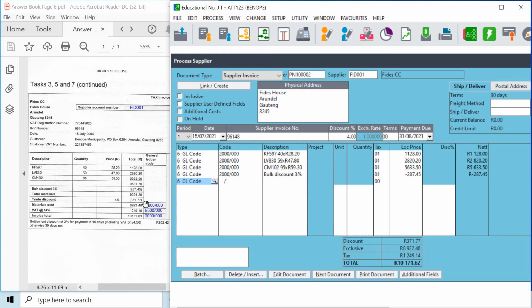Check your totals. With a discount of 371.77, exclusive price of 8922.48, a tax of 1249.15. We have 14, so this is obviously a Pastel Partner VAT calculation error, and total of 10,171 Rand 63 cents.